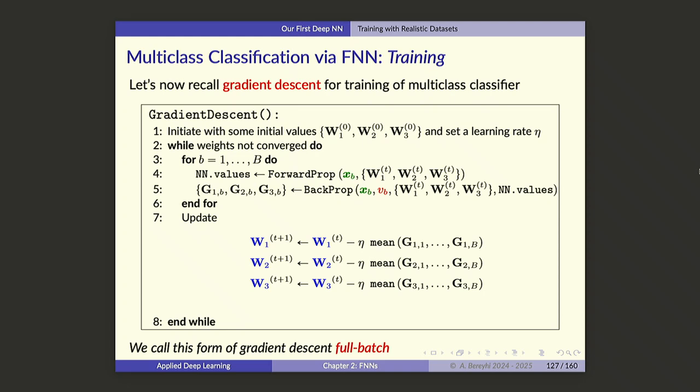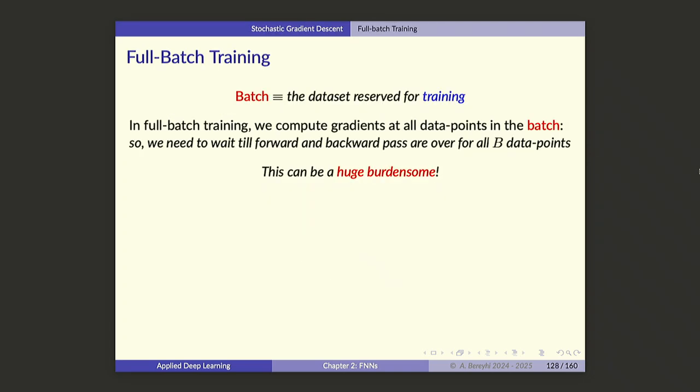Yeah? And full batch gradient descent is something that you pretty much never do in deep learning. Yeah? So, what do I mean by full batch? Batch in this course means the whole data that you have for training.